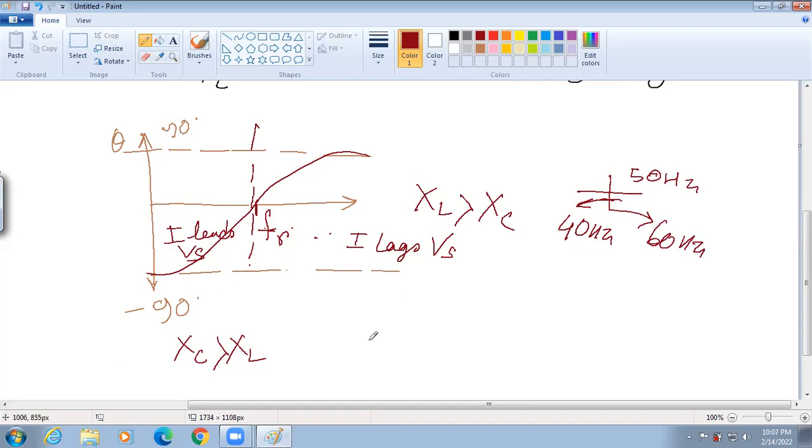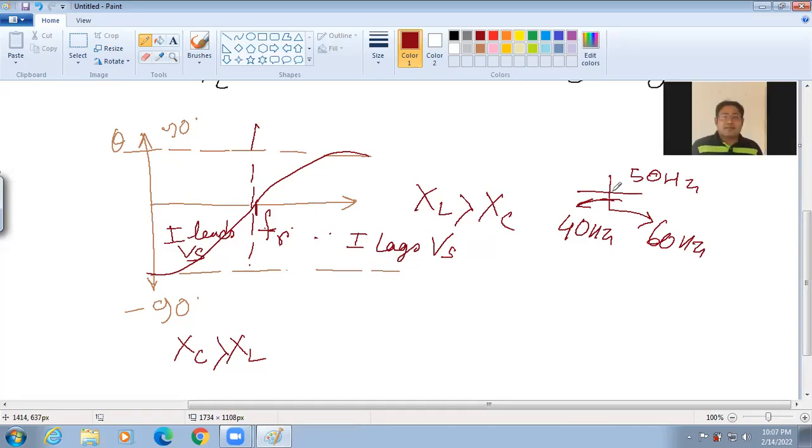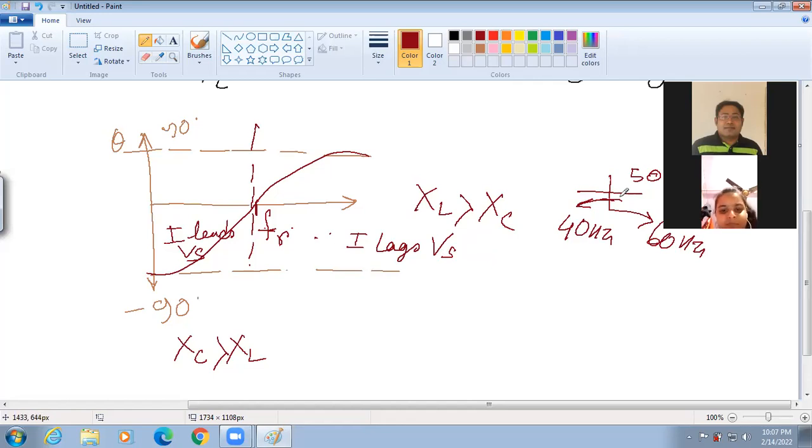What happens? This 50 hertz is maintained because it is our resonant frequency. Just think this is the resonant frequency, what happens? Any idea?